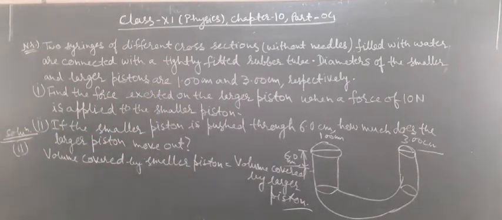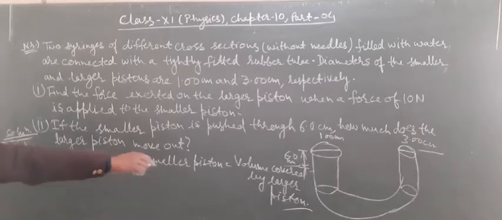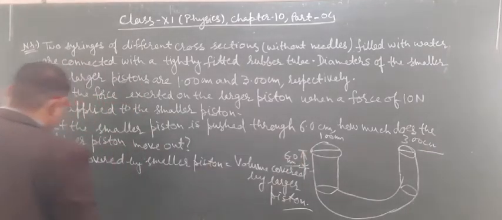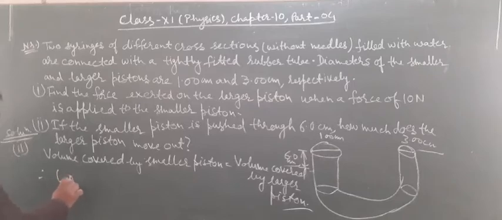For calculating the volume, we take length L1 into cross-sectional area. So L1 into A1 is equal to L2 into A2, and we have to calculate the value of L2.